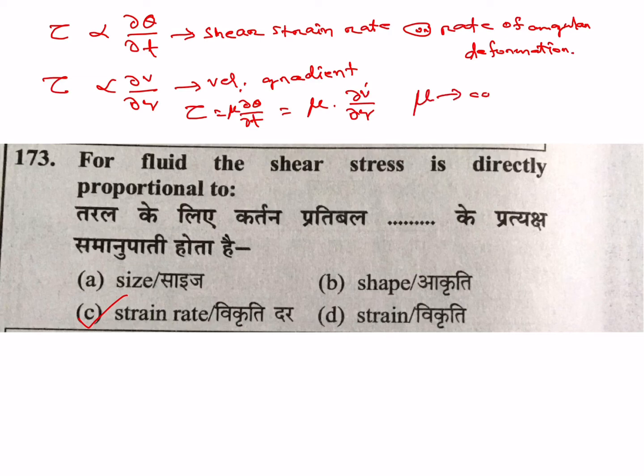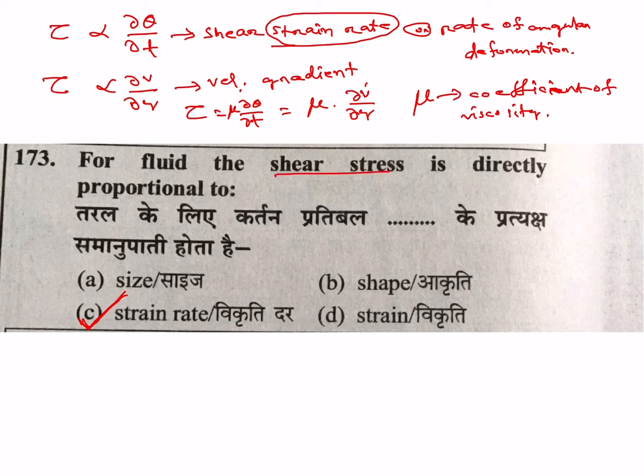This one is your coefficient of viscosity, or your absolute viscosity, or your dynamic viscosity, whatever you want to write. Answer is C, strain rate.